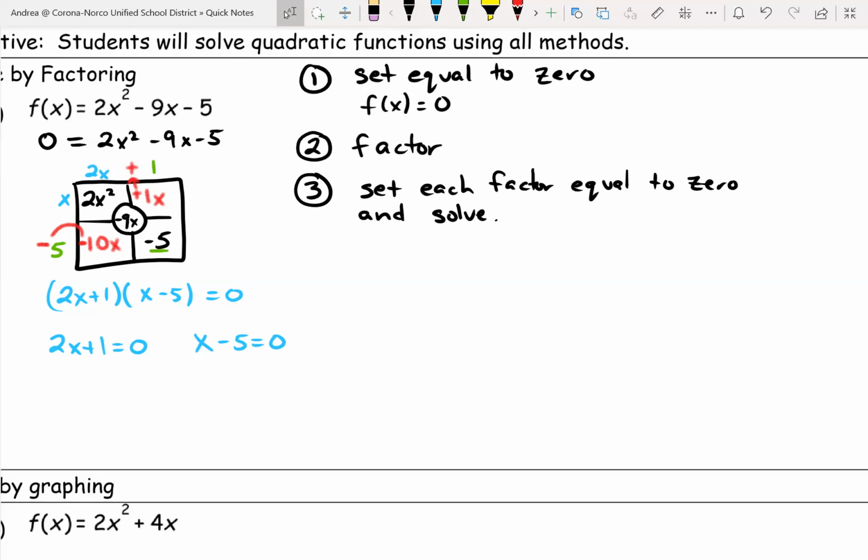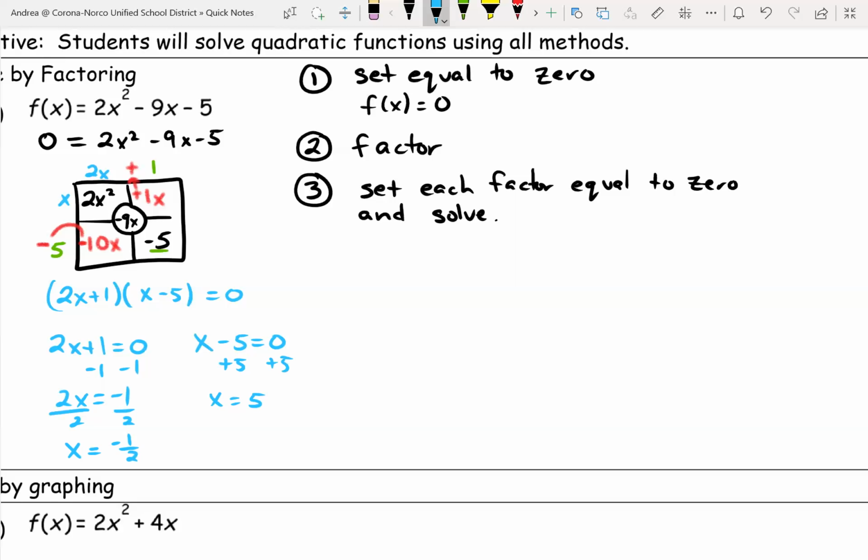And now I'm going to solve it. I'm going to subtract 1 from both sides. You get 2x equals negative 1. I'm going to divide by 2, and I get x equals negative 1/2. I'm going to add 5 to both sides. I'm going to get x equals positive 5.